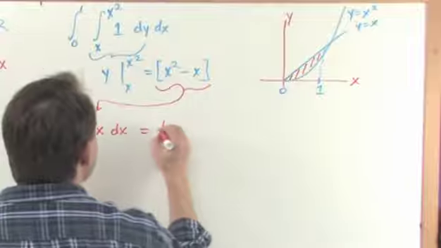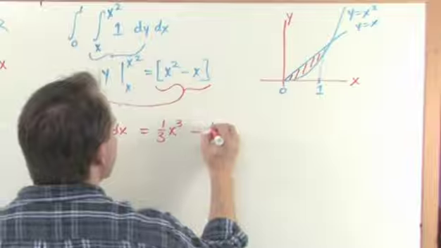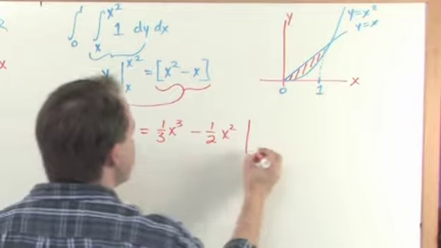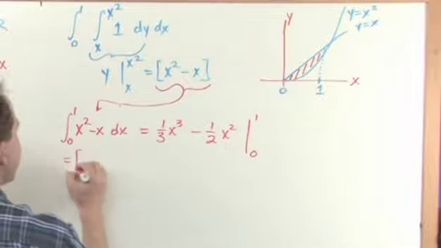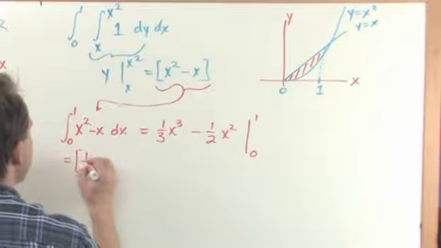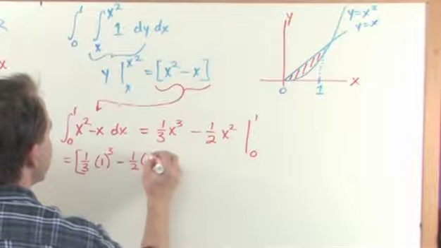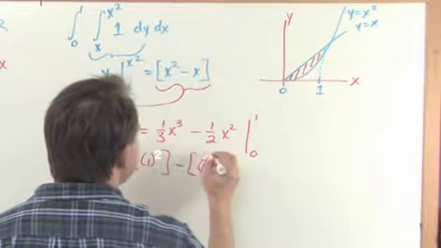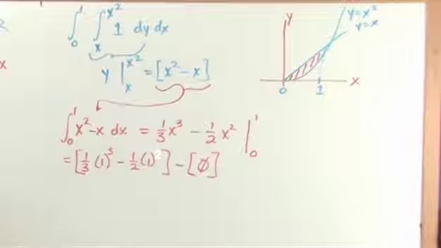How do you integrate this? 1/3 x to the third minus, integrating this one, 1/2 x squared, evaluated from 0 to 1. X is equal to 0, x is equal to 1. And plugging in 1, you'd get 1/3 times 1 cubed minus 1/2 times 1 squared, minus, and inside this is going to be a big fat 0, because plugging in 0 into both of these places is just going to give me 0.